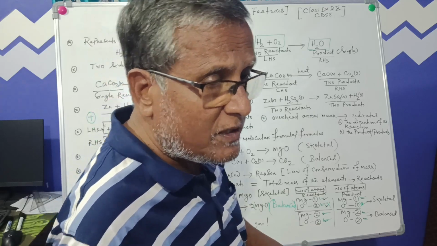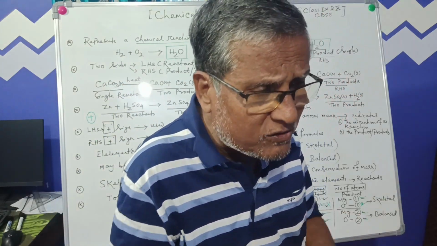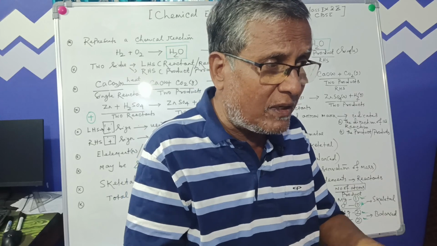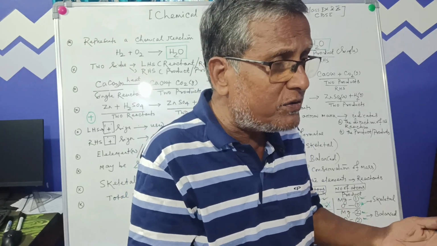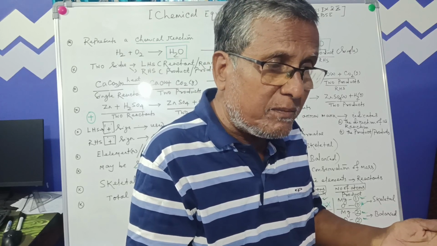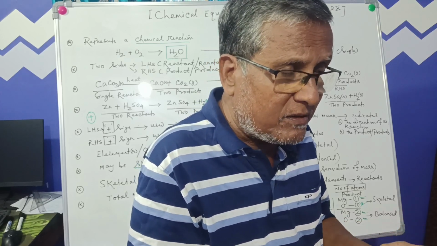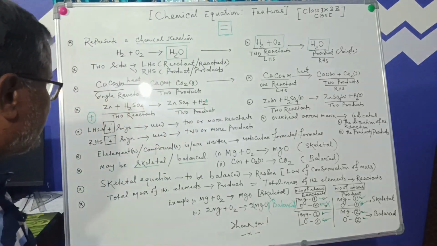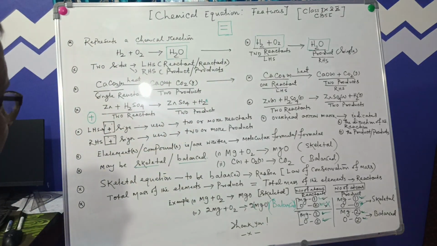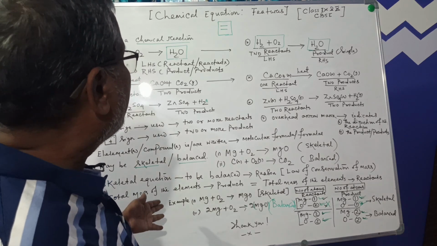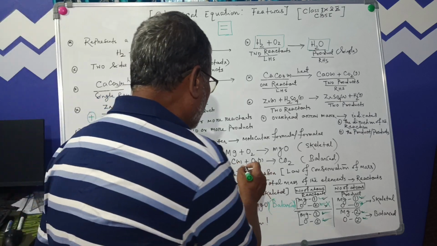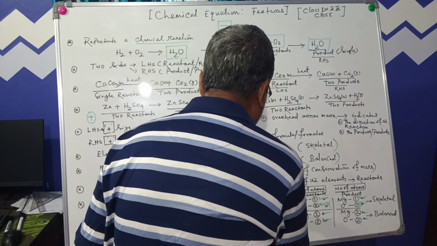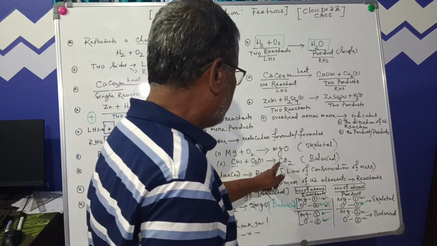If your concept is clear, then the next topic. The question arises: are all equations not balanced? An equation may already be balanced. I have taken an example here: carbon plus oxygen gives CO2.